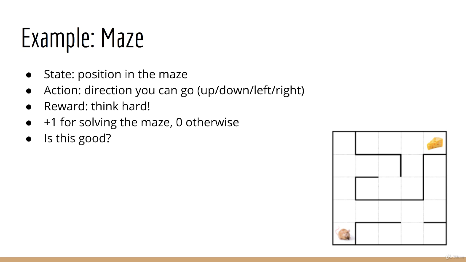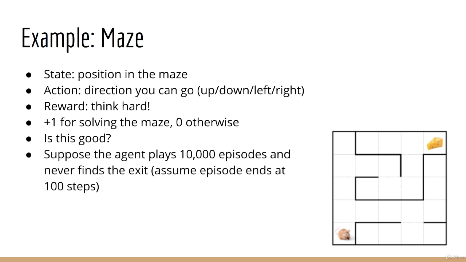Imagine you throw your agent into this maze and it has to learn what to do. Imagine your agent has played this game 10,000 times and has never solved the maze. We can pretend the environment is episodic so that after taking 100 steps, you reach a terminal state and the game is over. What happens if we get 0 reward each time?